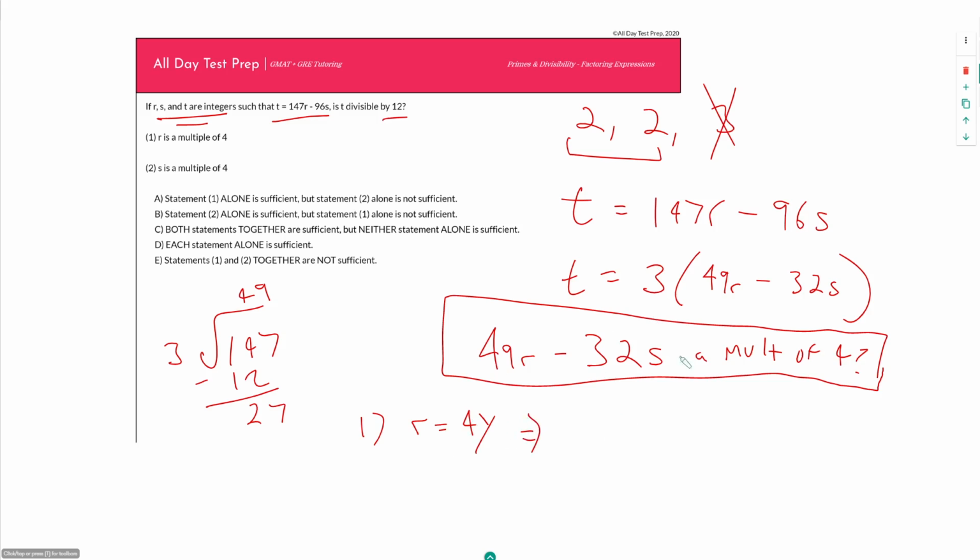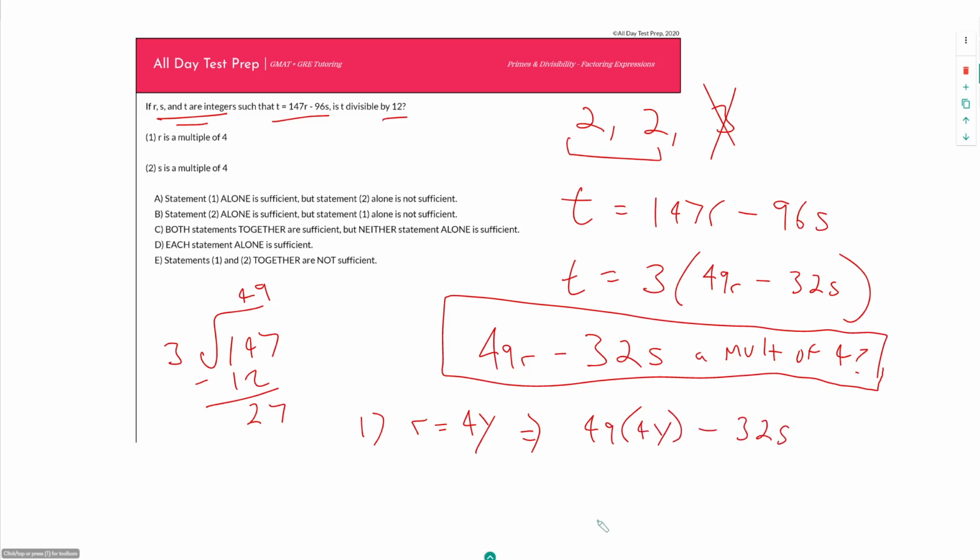I don't know what y is, but it's just some positive integer. If I were to write that here, I could write 49r minus 32s as 49 times 4y minus 32s.